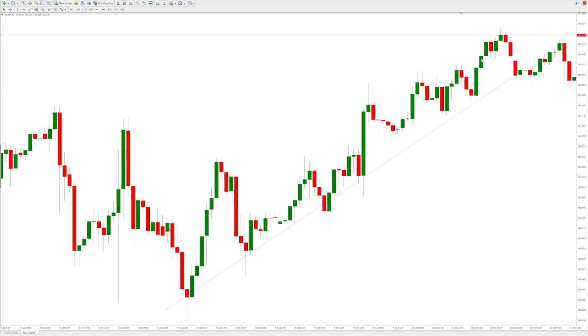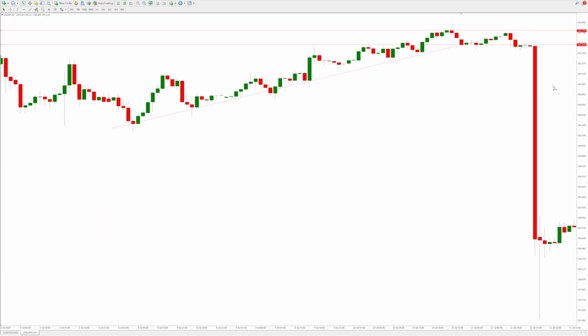So what we're going to do is look to take a reversal trade in the opposite direction. So how to time the entry? What you need to do with the double top candlestick pattern is to also mark the neckline, which is the level of support within the double top. So we would mark that probably around here somewhere.